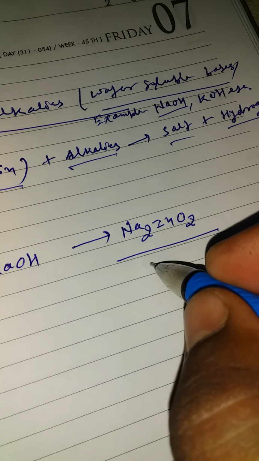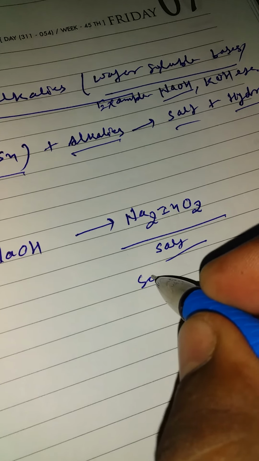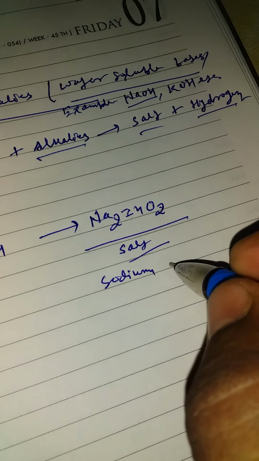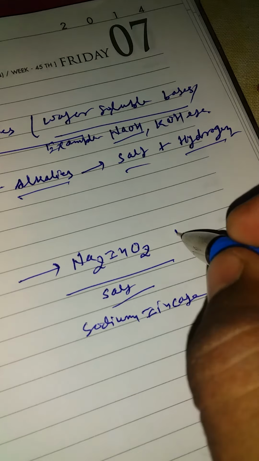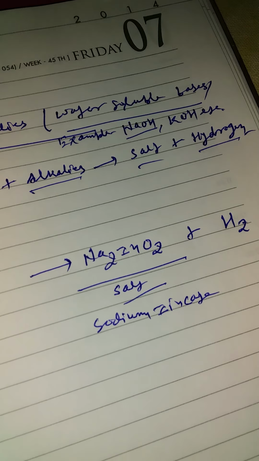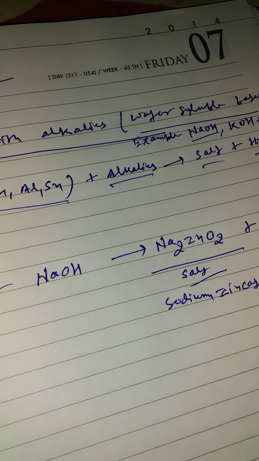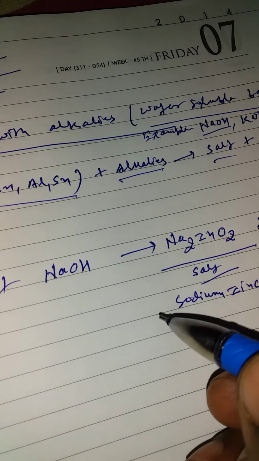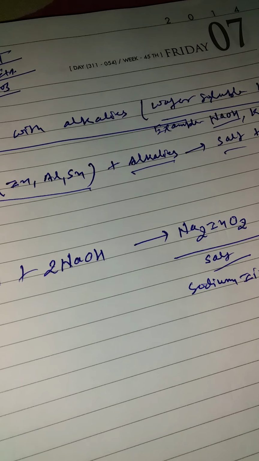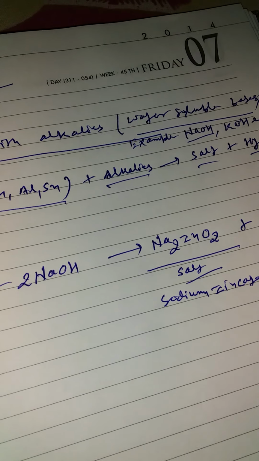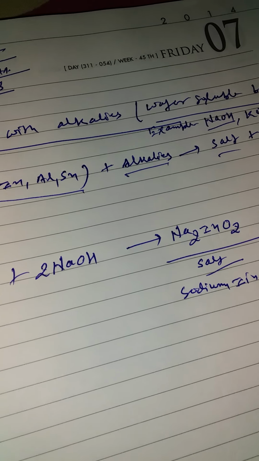It is salt and its name is sodium zincate, plus evolution of hydrogen gas. So this chemical equation is unbalanced. So for balancing we take 2 NaOH and then after it the chemical equation is balanced.